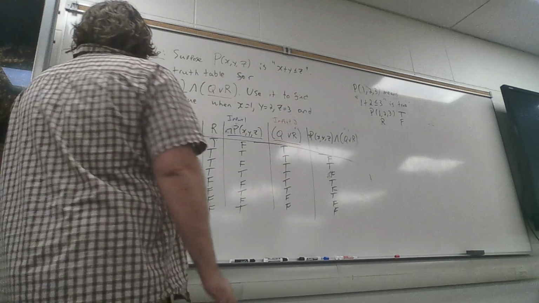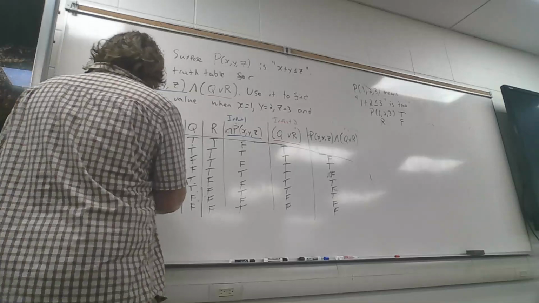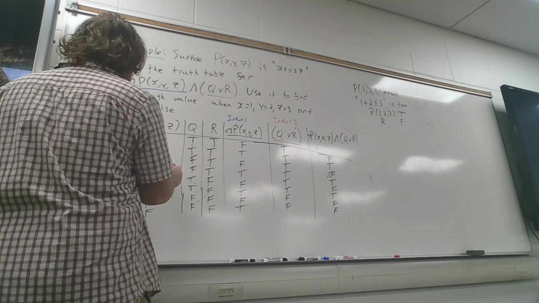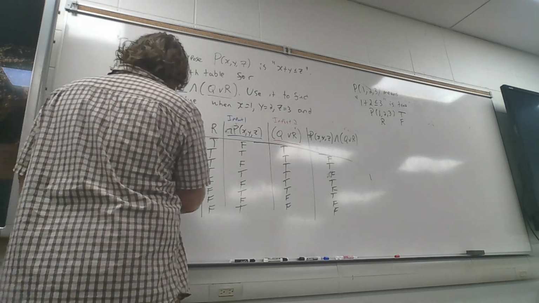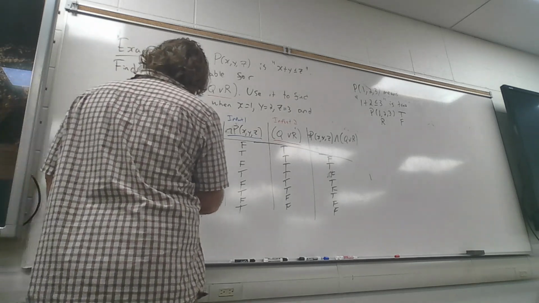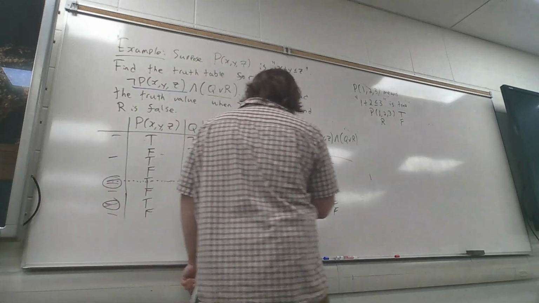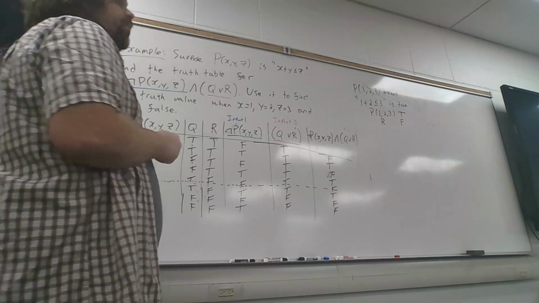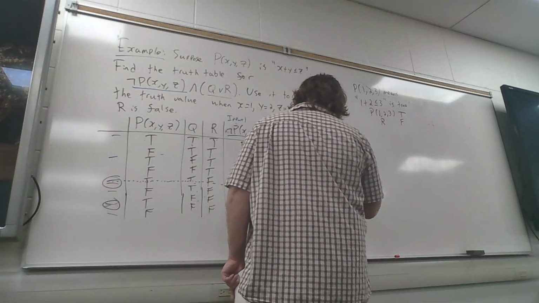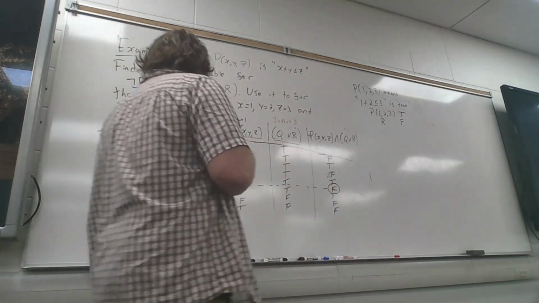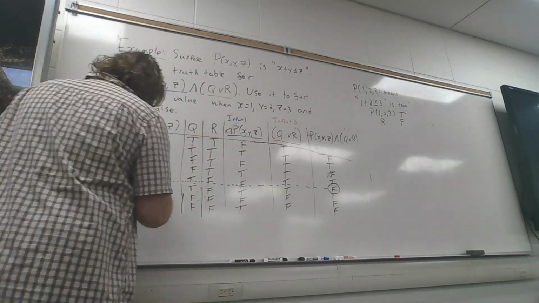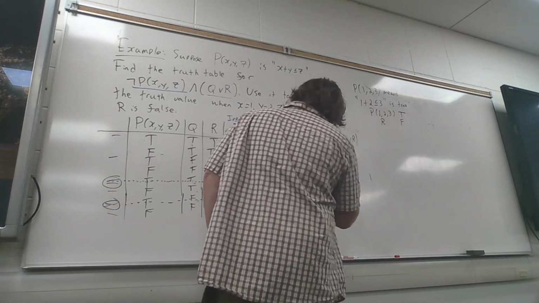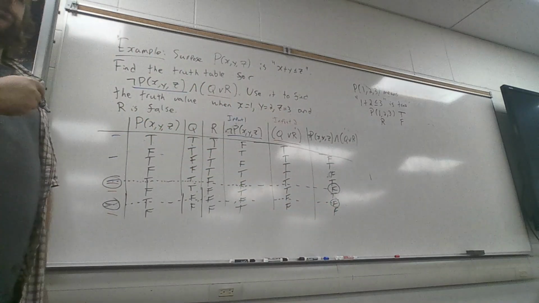So we just sort of draw dotted lines. This is line 1, 2, 3, 4, 5. Trying to make sure it goes across like that. Okay, so we get false. All right, this one is line 7. It's the second last one. False. Oh, so it doesn't matter what Q is, right?